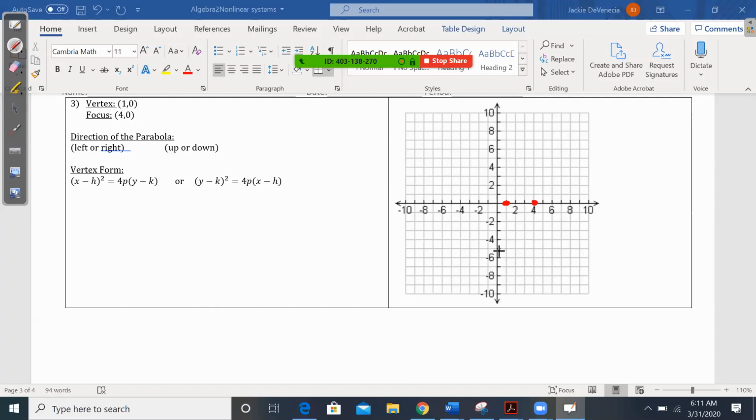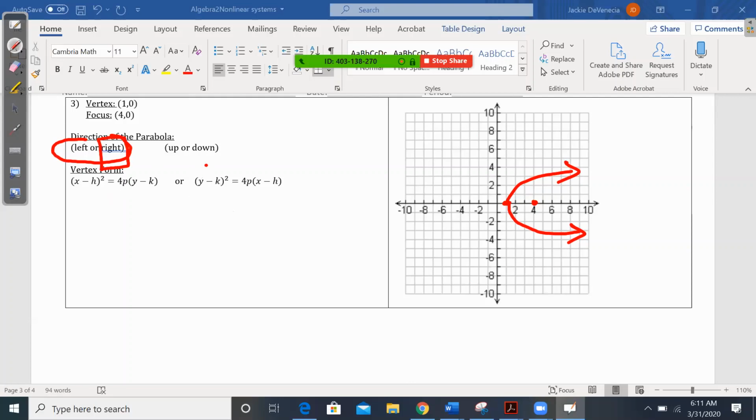So again, right over here, we see that our focus is telling me in what direction my parabola is going to go. So it's going to turn to the right. It's left or right, and particularly the right.